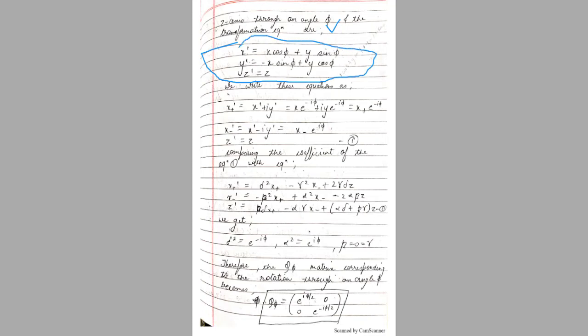Okay. So now we will write these equations as, see, x plus dash means the transformed coordinates. So obviously x plus dash will be x dash plus iy dash. Now we already have the value of x dash over here. If I use these values in this equation, you will get these terms.